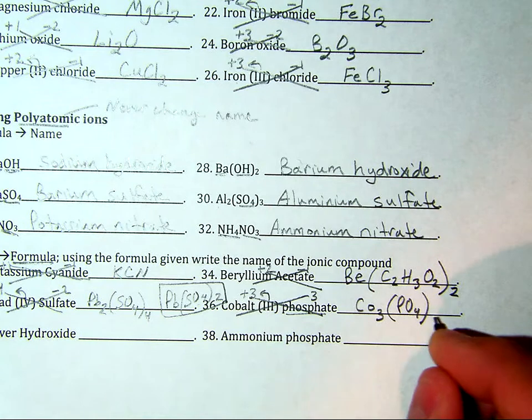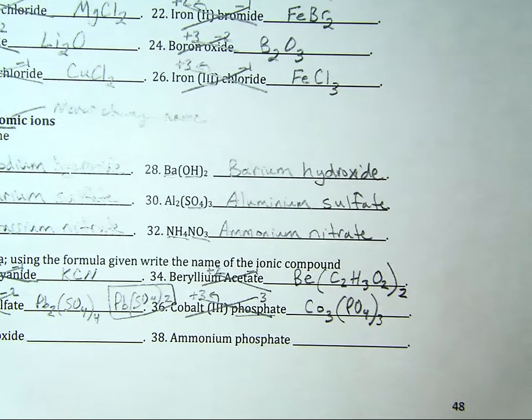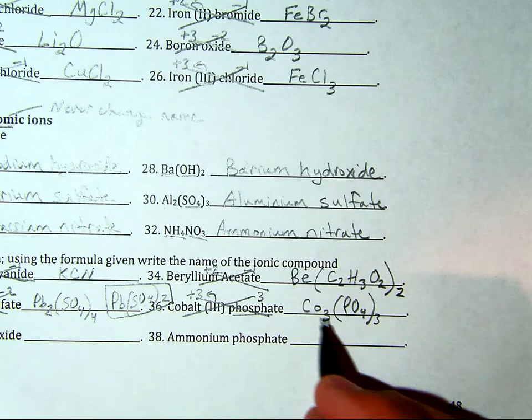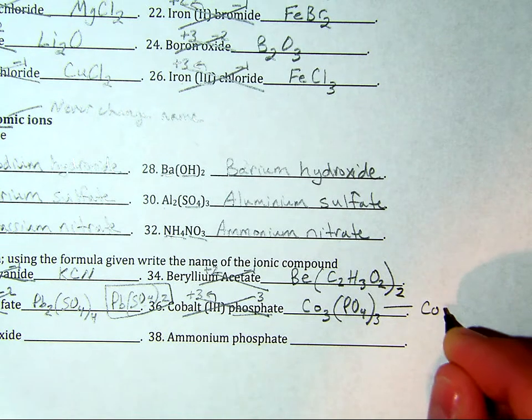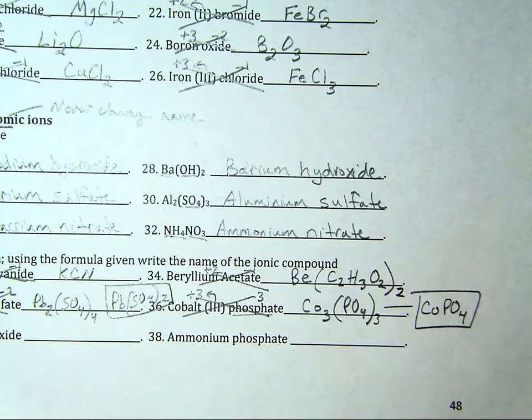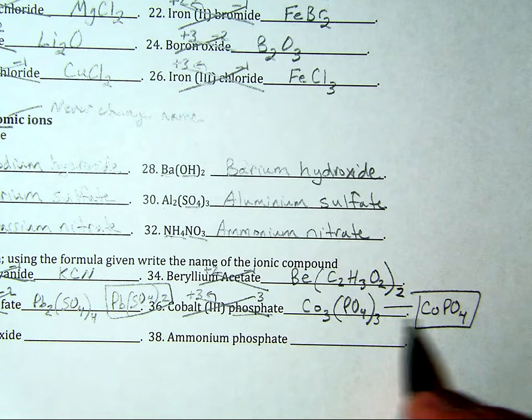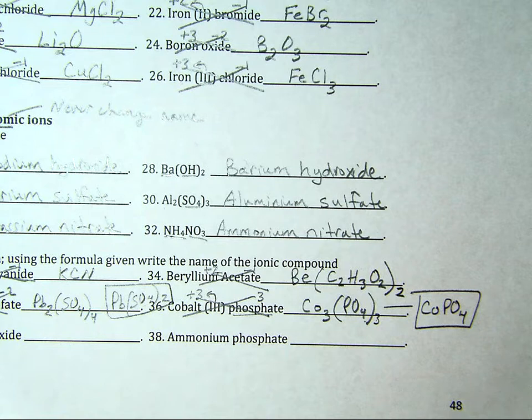Close it off and put a 3 on the outside. Now, can you reduce? The answer is yes. 3 and 3 are divisible by each other, so this reduces to CoPO4. We don't need parentheses because after you reduce it, these are both 1s, and so it's just CoPO4.